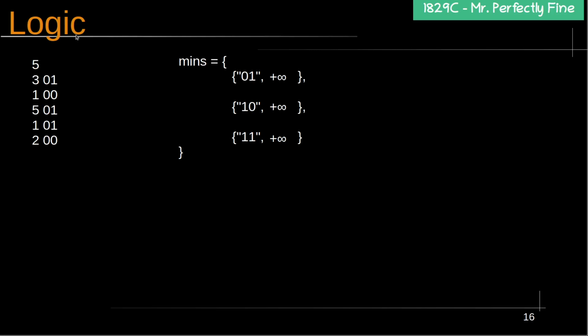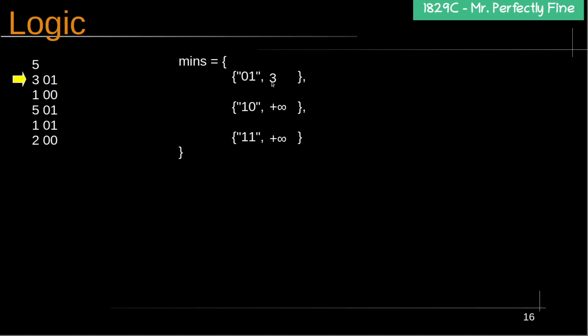Let's take this example. Same here. We initialize the map to infinity for the 3 skills. We go to the 3 minutes book, 0 1. It gives the skill number 2.